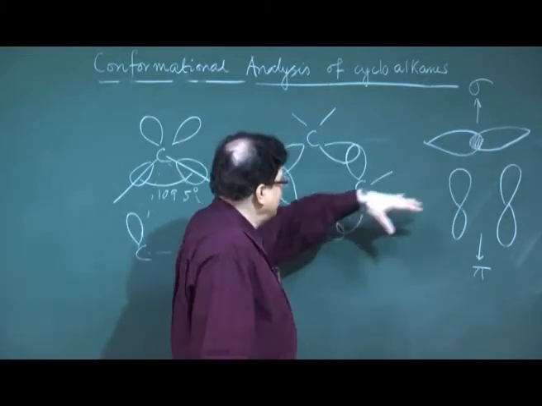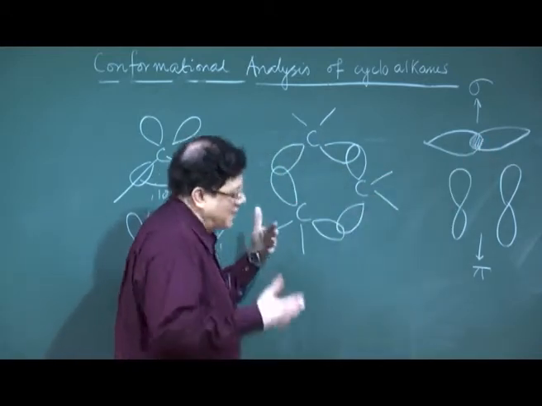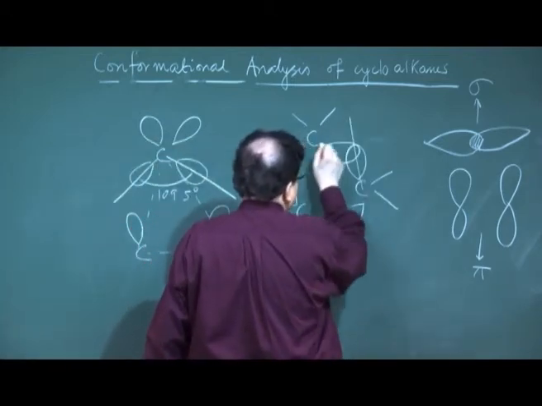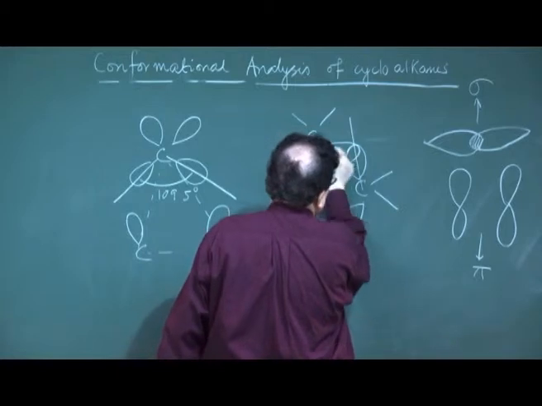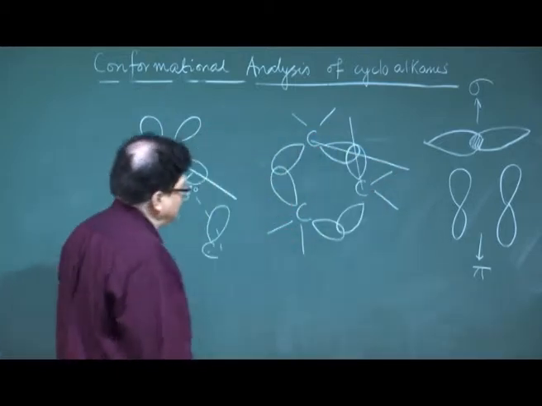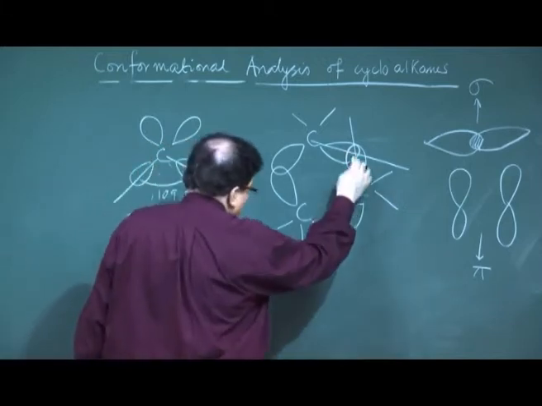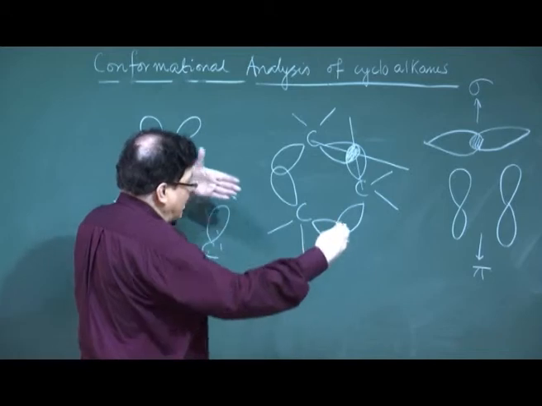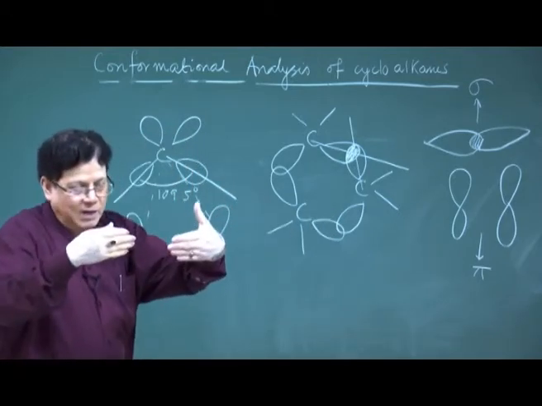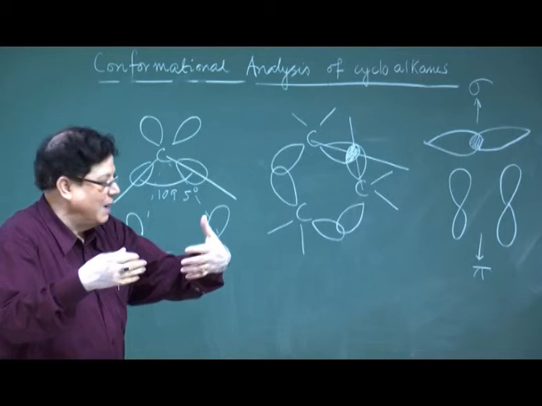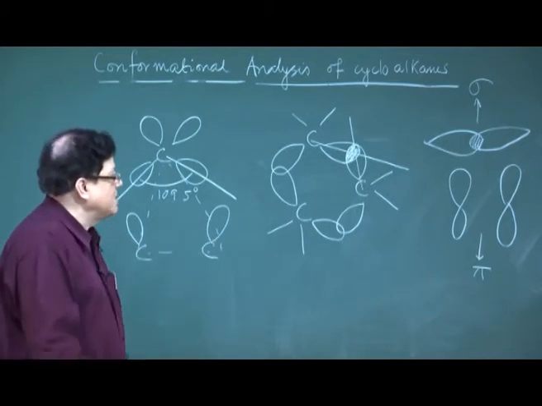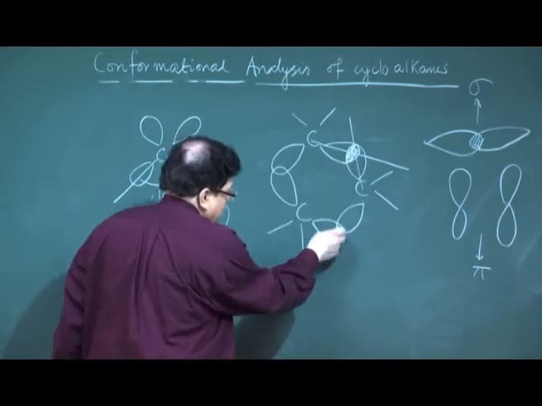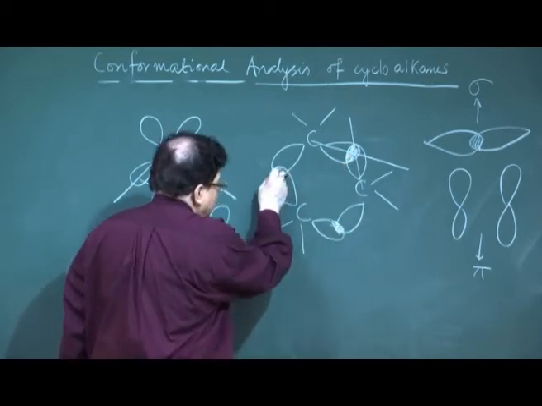They are not lateral, they are not head on either. So, they actually approach in an angular fashion. So, the extent of overlap now will be less. If the 2 carbons approach head on, then the amount of overlap between the orbitals will be much more. Here the extent of overlap will be less.